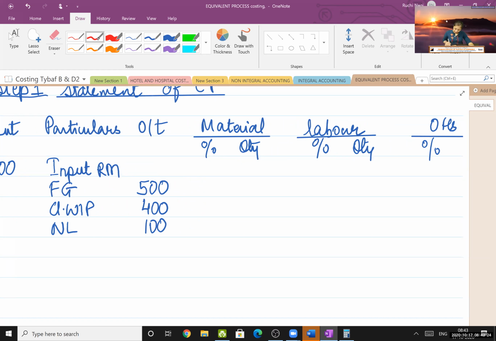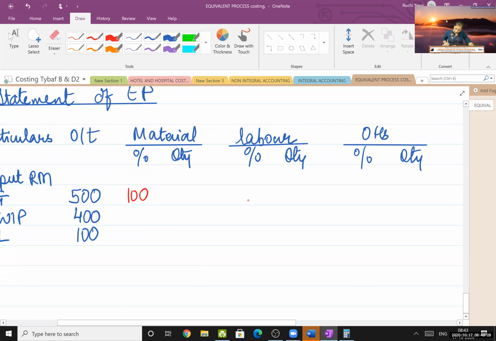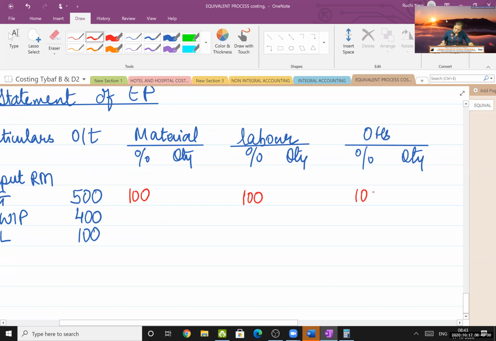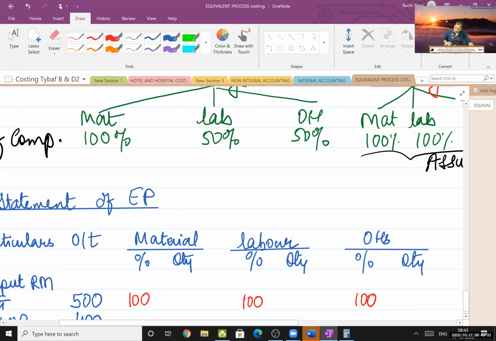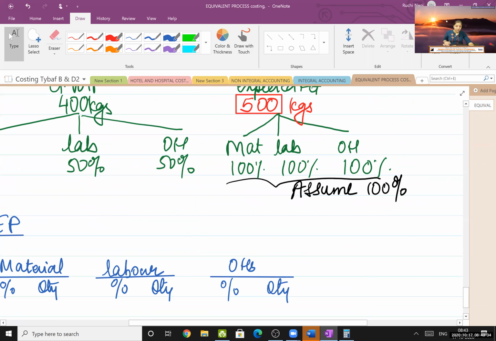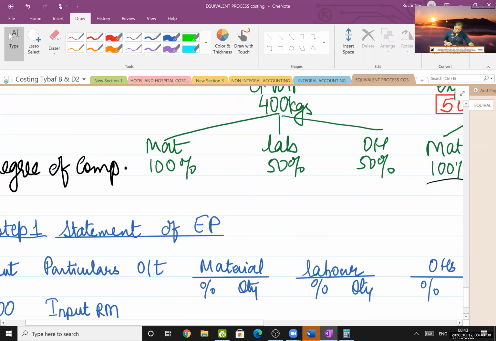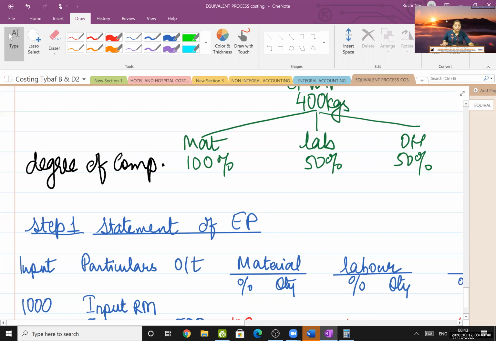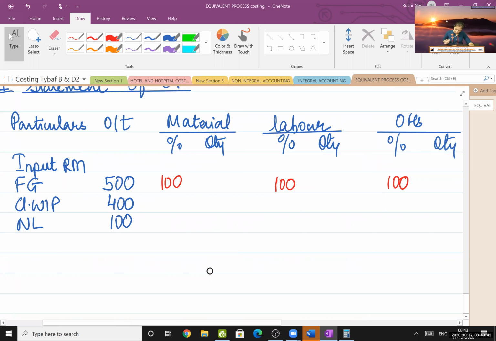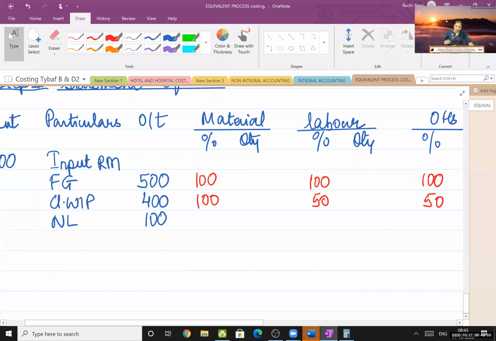I'm assuming it to be 100%, 100%, 100%. And closing WIP's degree of completion is 100, 50, 50, which is given in the question. It will always be given. Normal loss I'll come to that.